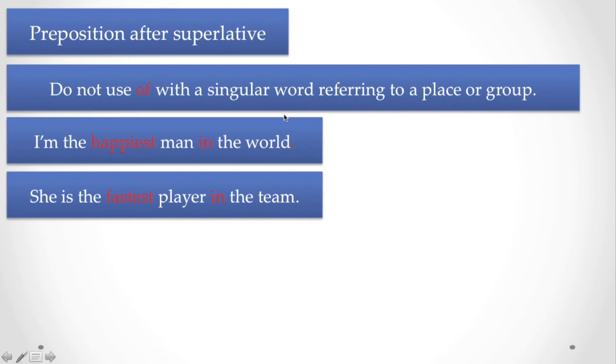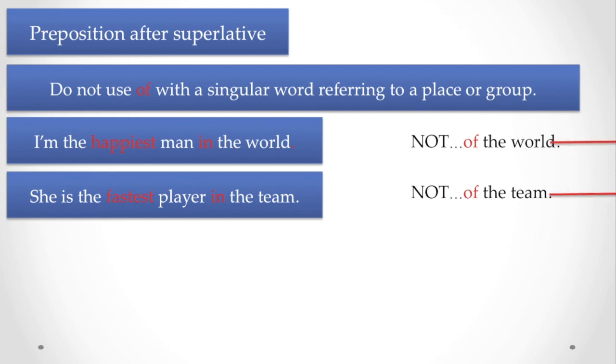Let's see the example and you will understand it. I am the happiest man in the world. Here, the happiest is in the superlative degree, and the preposition is, of course, in, not of. That is, you do not say, I am the happiest man of the world.